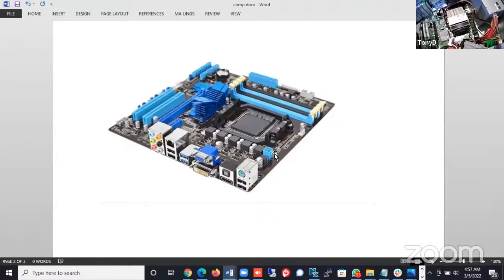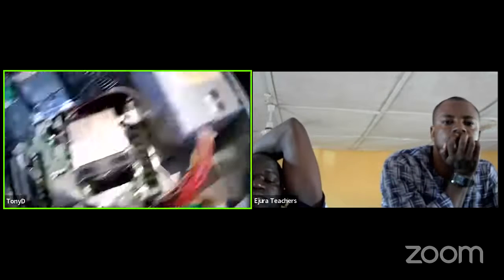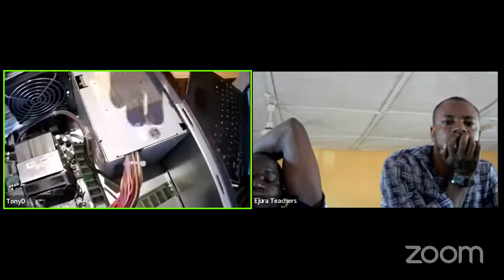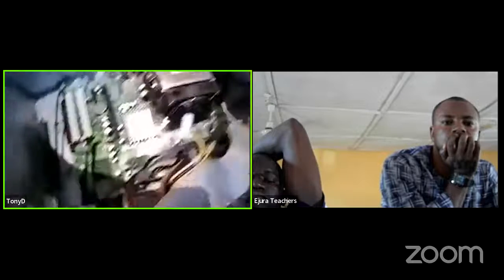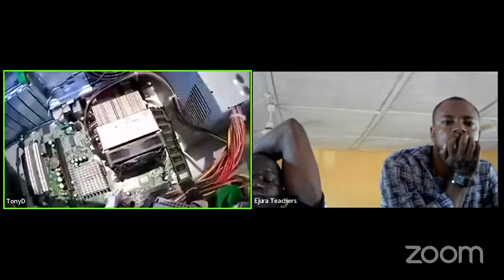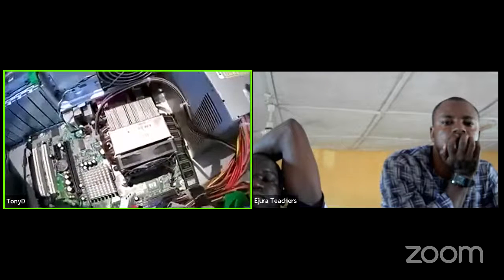So if there's a problem with the motherboard, it affects the operations of the computer. Because right now, if the power is not working, or the motherboard cannot detect that the power is working, it cannot send the information that, hey, power, you are not working.